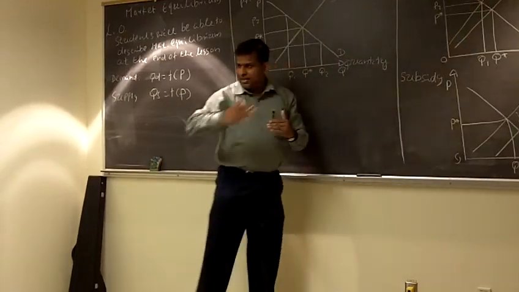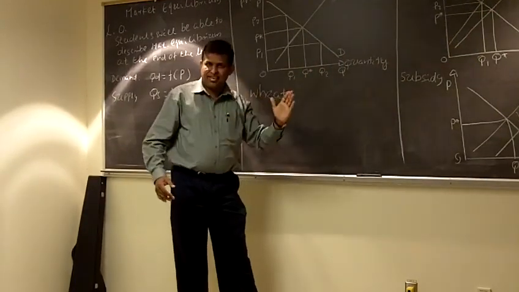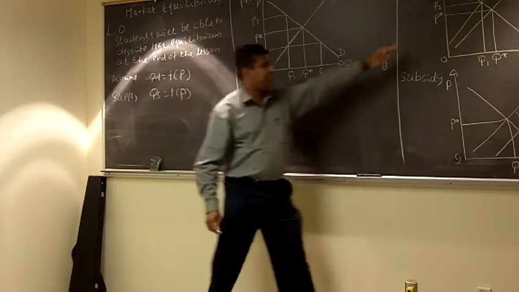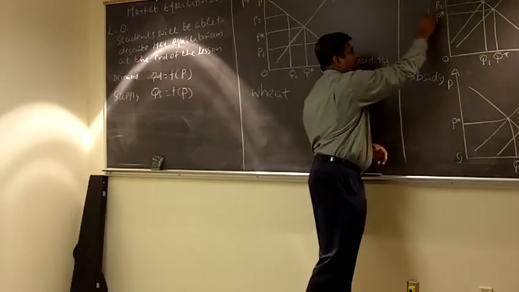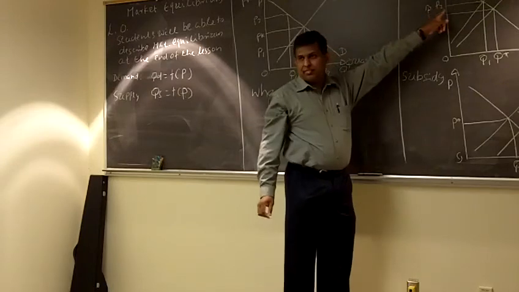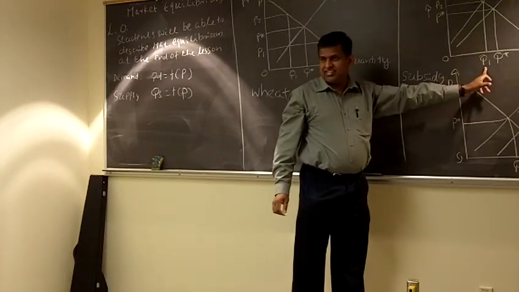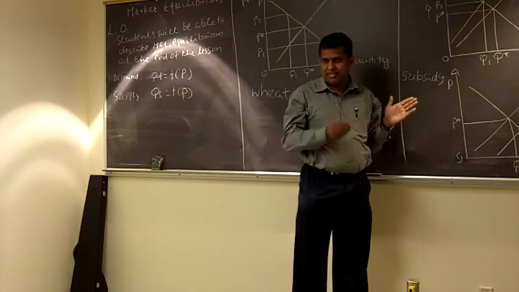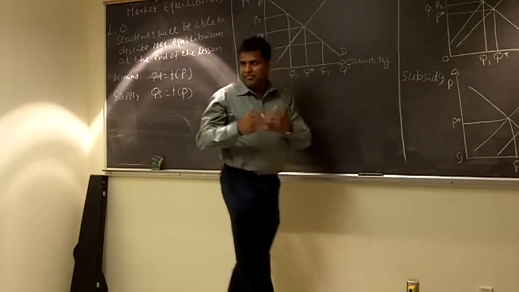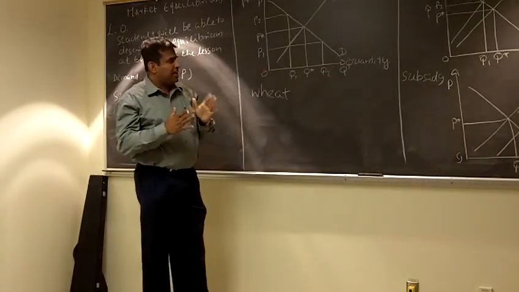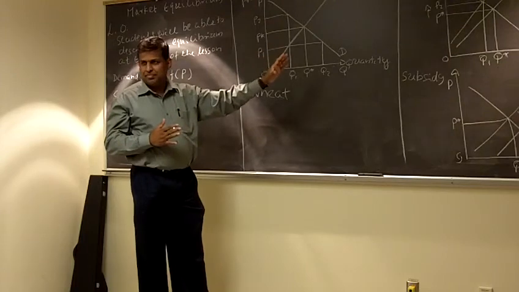If demand remains constant and there is a reduction in supply, the market price increases to P2 and quantity decreases to Q1. So this is the simplified impact of tax on market equilibrium.